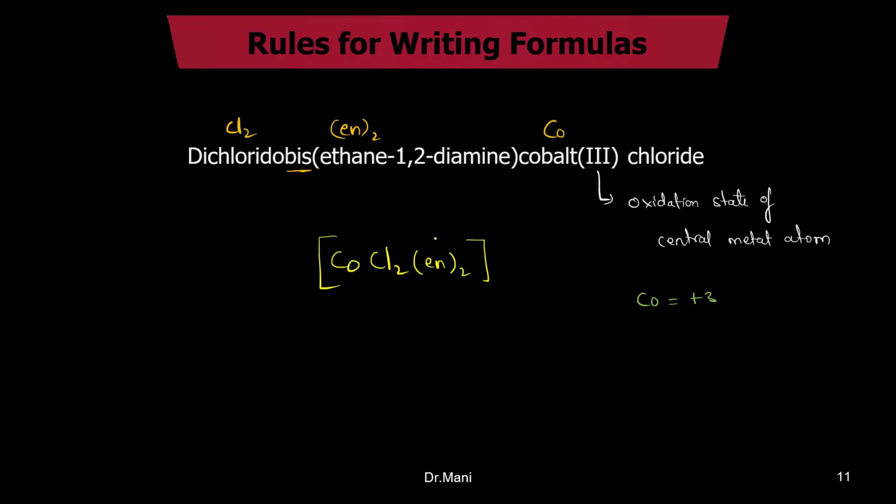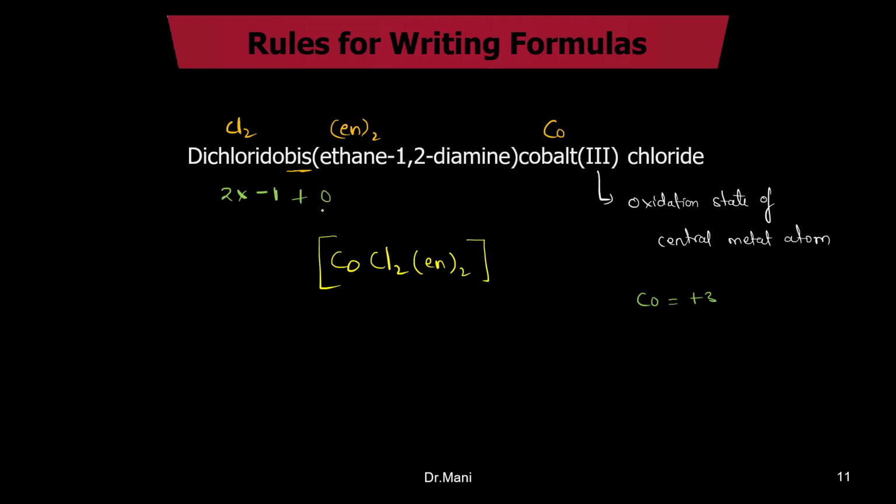Okay, fine. So what is the charge on the chlorine? Come on, guys. -2, sir. You should not say -2; it should be like 2 into -1. So there is a -1 charge and 2 chlorines are there. So 2 into -1 plus, what is the charge of ethane diamine? 0.